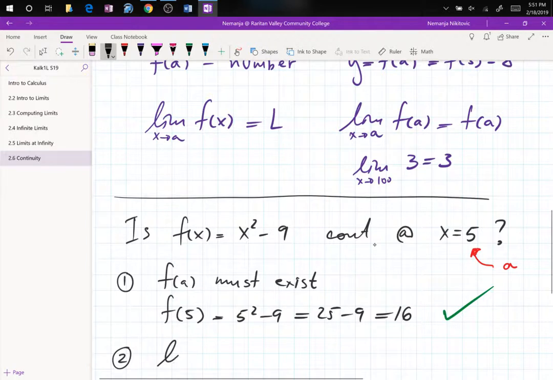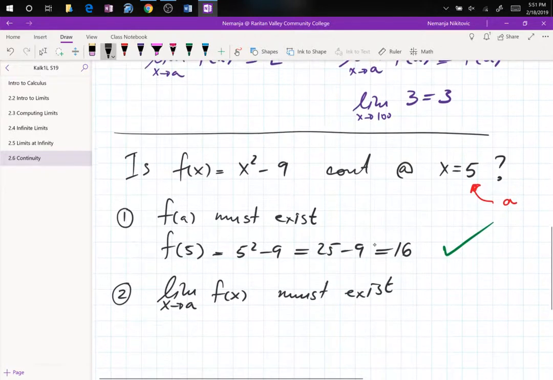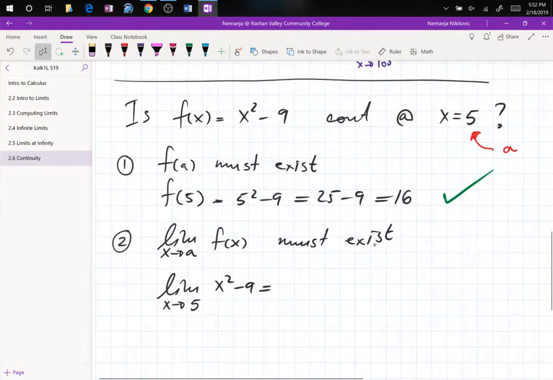Number 2. Limit as x goes to a of f of x must exist. Well, limit as x goes to our a, which is 5, of x squared minus 9 works out to be, remember that we said in 2.3, if there are no zeros in the denominator or anything weird happening, you are allowed just to plug in.